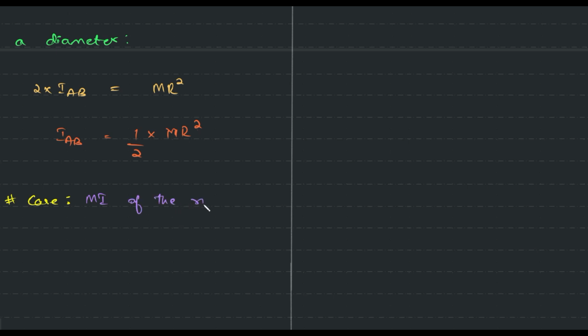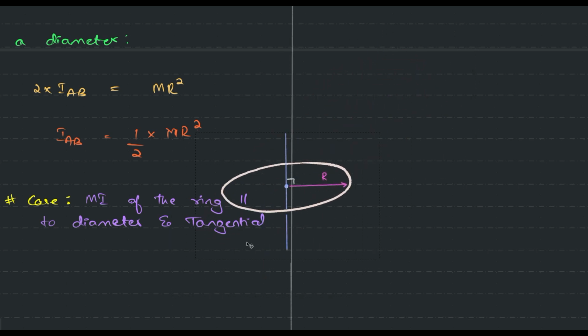Now, finally, I have the case wherein we have the moment of inertia of the ring where the axis would be parallel to a diameter and tangential. So basically, let's see if I can use this.